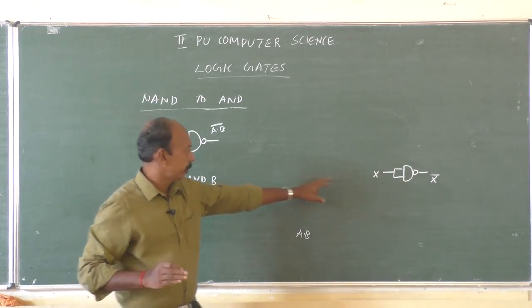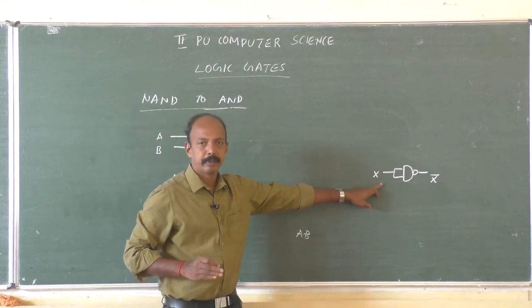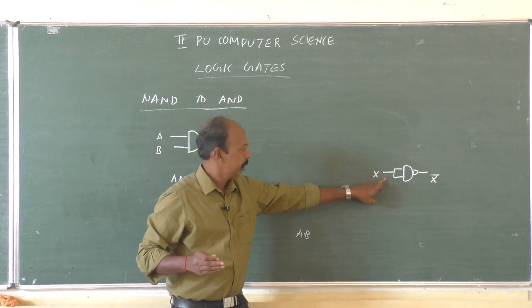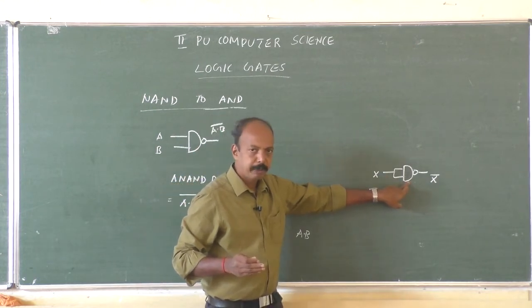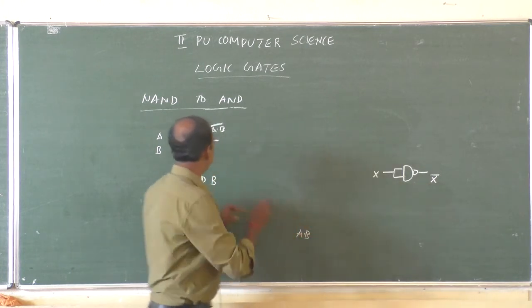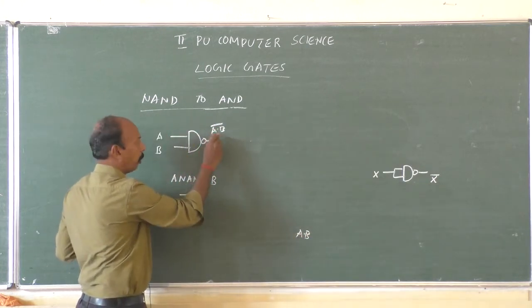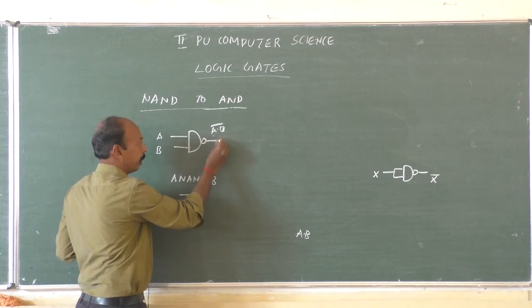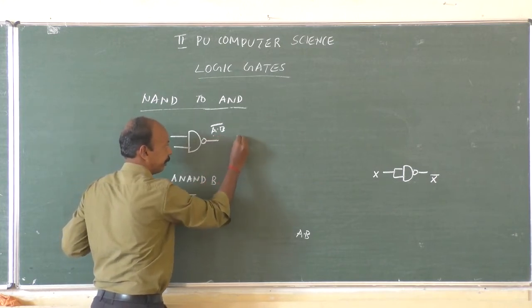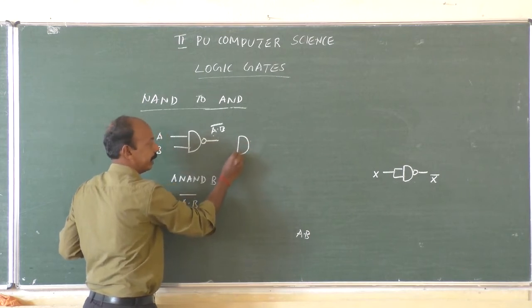Again, we shall use the same technique, because if you give the same input to a NAND gate, we will get its complement. What we have is A dot B whole bar. What we want is A dot B. So input this to a second NAND gate here. One more NAND gate is there.